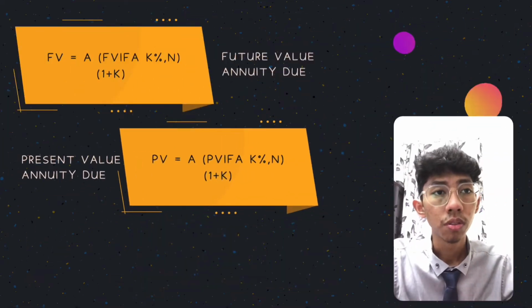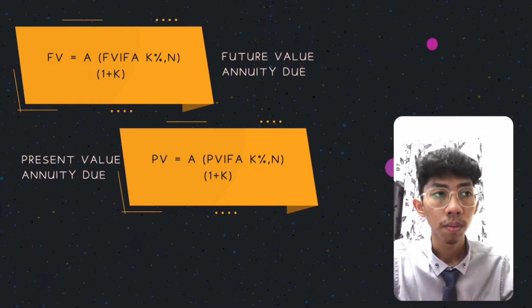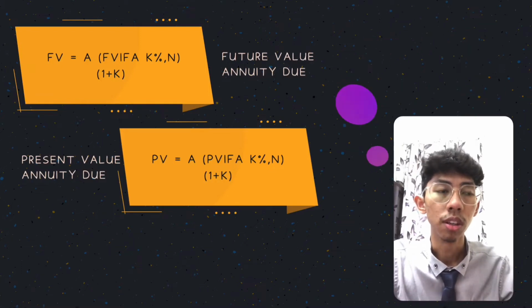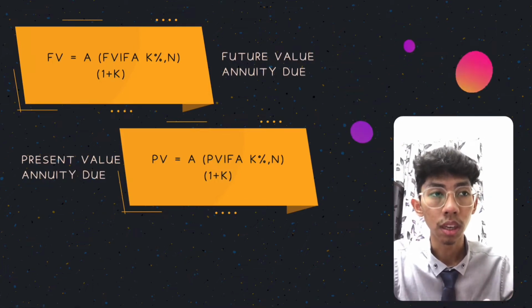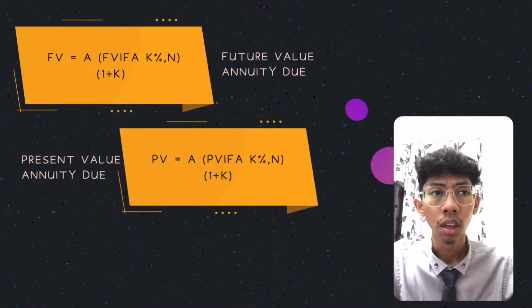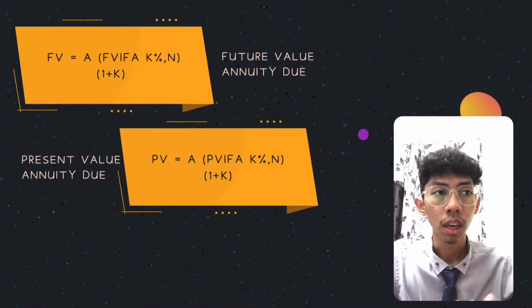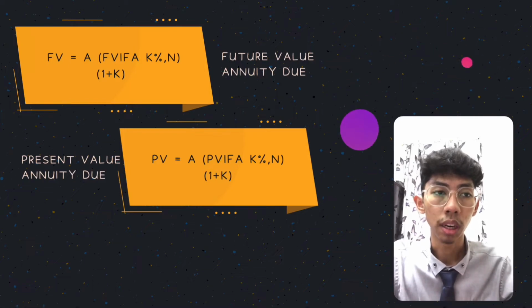To calculate future value annuity due, FV, future value, equals A, open bracket FVIFA, future value interest factor for an annuity, multiplied by K, interest rate, divided by N, number of periods, close bracket, and open bracket 1 plus K, close bracket.